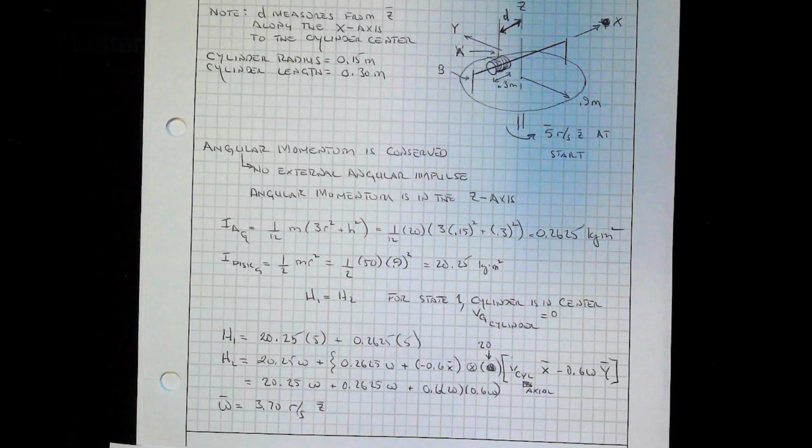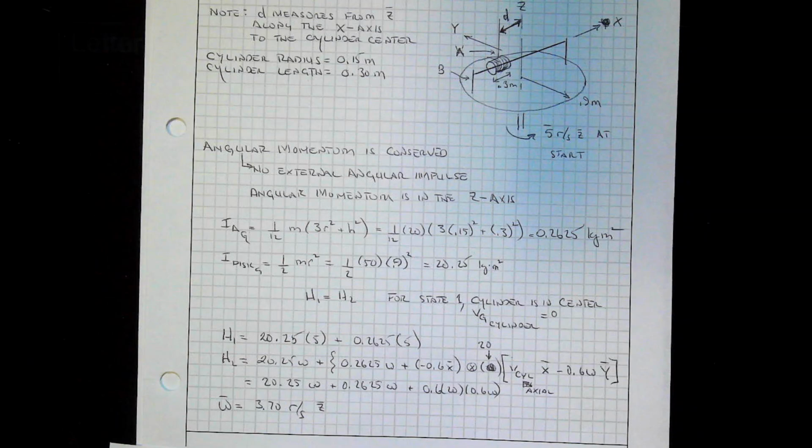But here's the thing. Because we're doing r cross velocity, the r is in the x. So this cylindrical axial velocity gets wiped out here. In energy, it wasn't wiped out, and so that was going to cause us trouble. Here, we get rid of that term, so we are just left with an x cross y, no problem.